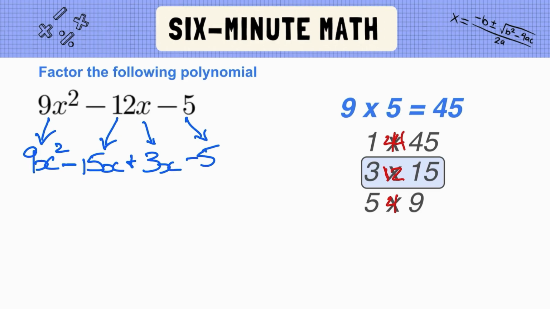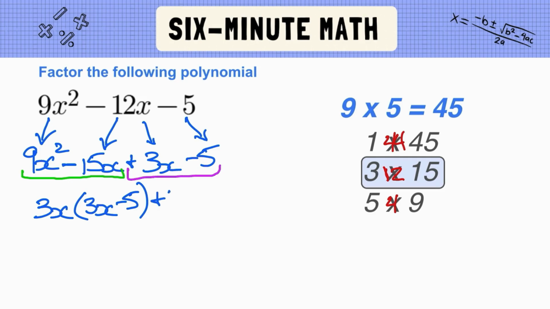I'm now into the grouping stage, so let's group these first two together and factor out a 3x, leaving me with 3x minus 5. I look at my second group of two terms, and I see 3x and negative 5. Well, in that case, I cannot factor anything, but I do have to take something out, so I'm actually going to take out a positive 1.